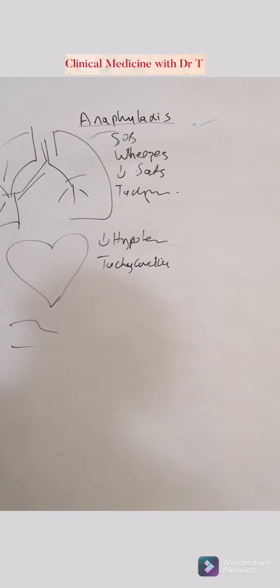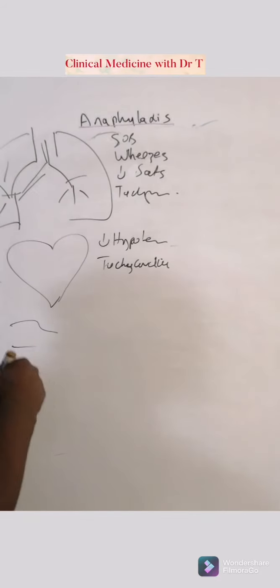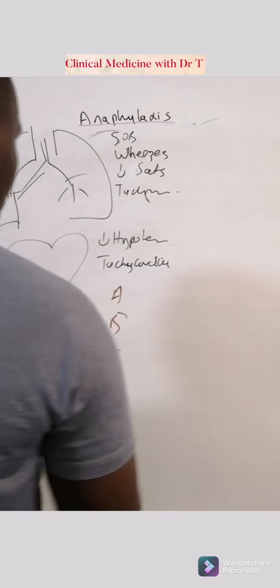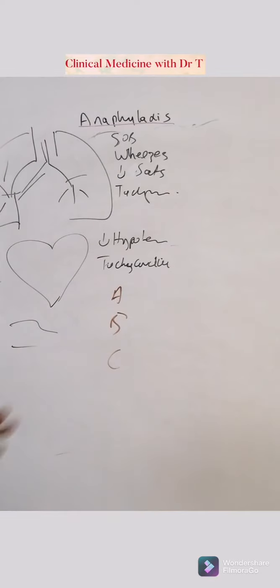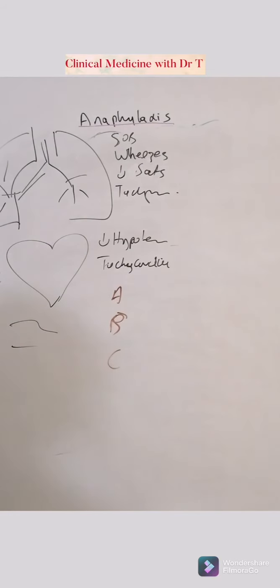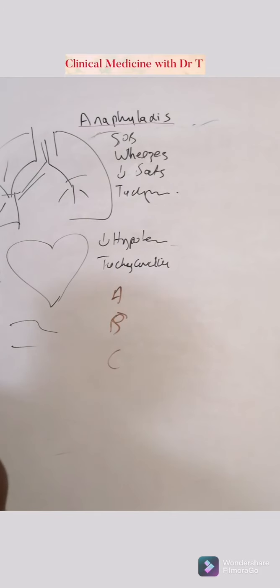So what is important here is that, according to the ABC that we spoke about, you're going to use your ABC approach as you see this patient. So what is important is to maintain the airway.